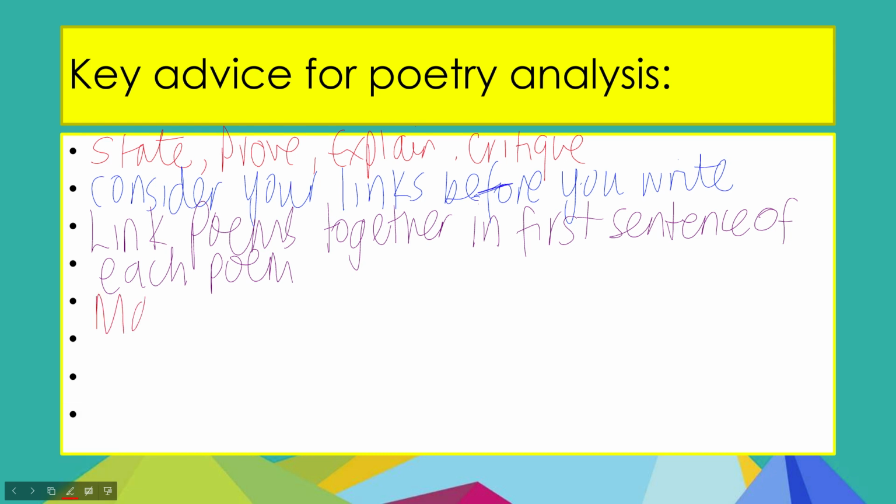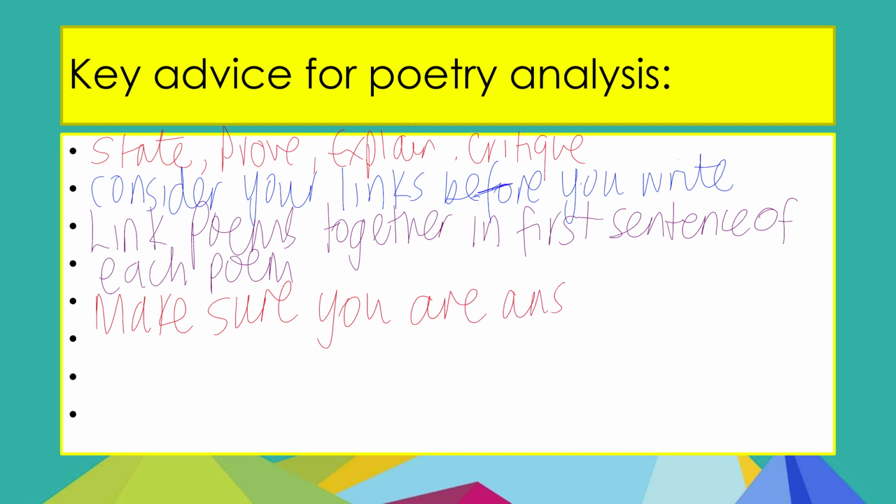you are answering the question. It sounds like a really obvious thing, but it's one of the most common mistakes that people make. Make sure that you've not gone off on too much of a tangent, and that when you are analysing that metaphor or you've zoomed in on that word, you are thinking about its impact on whatever the question asked.